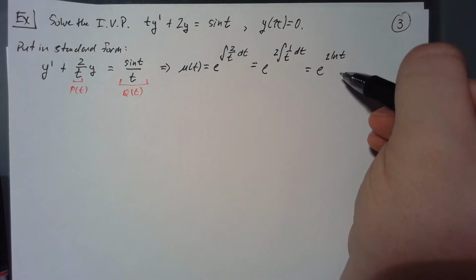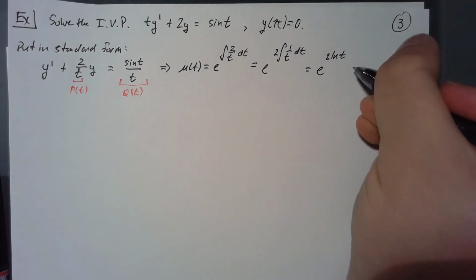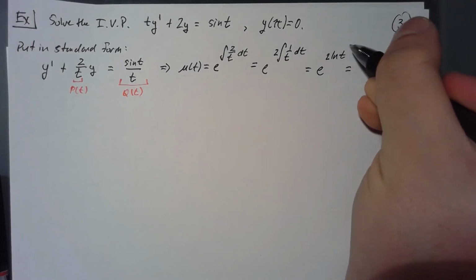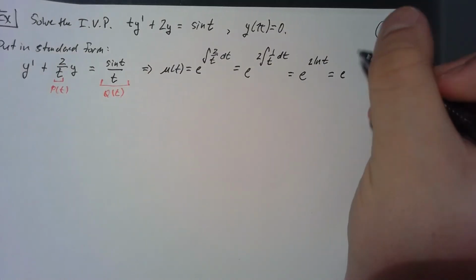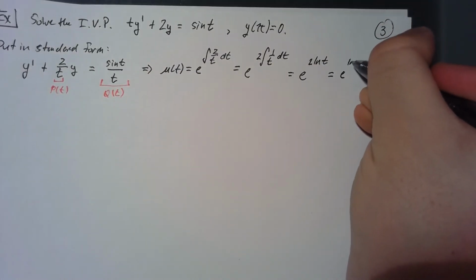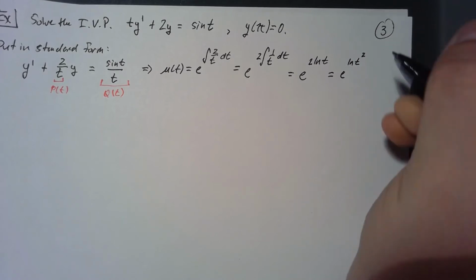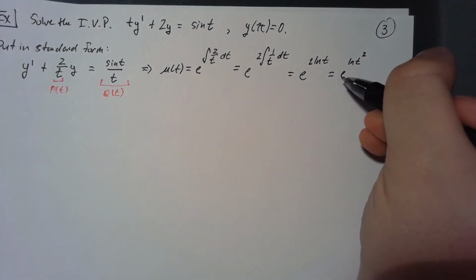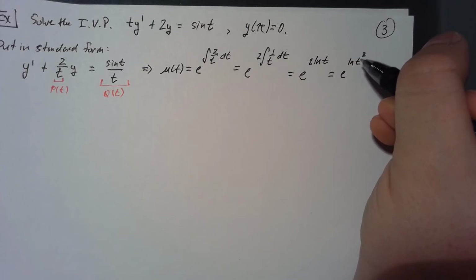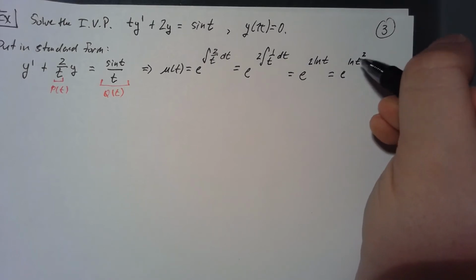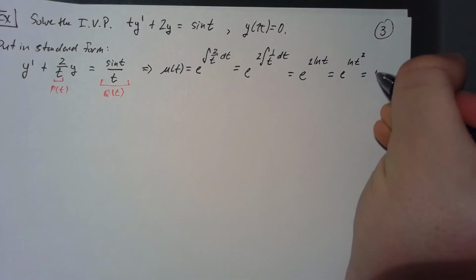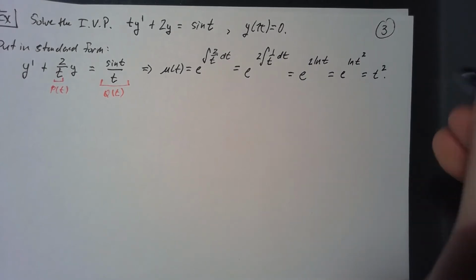But you could simplify this further. You could bring the 2 out as a power, right, because of properties of logarithms. You could write this as e to the ln of t squared, right? What happens to e and ln? They cancel out. E and ln are inverses, so you're just left with t squared.